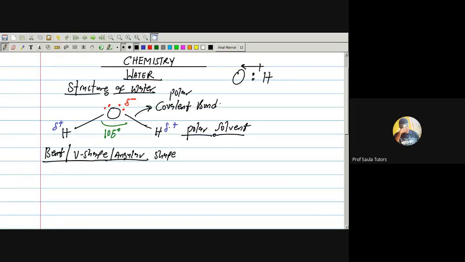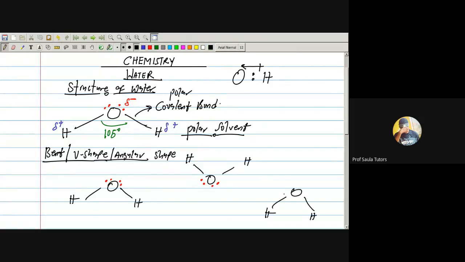Now, I still have something to say. Let's look at this structure. This is water. Let's look at another structure for water. And don't forget, water has 2 lone pairs of electrons. Now, between 2 or more water molecules, let me draw one more here.